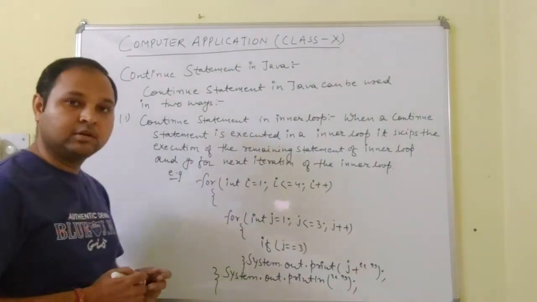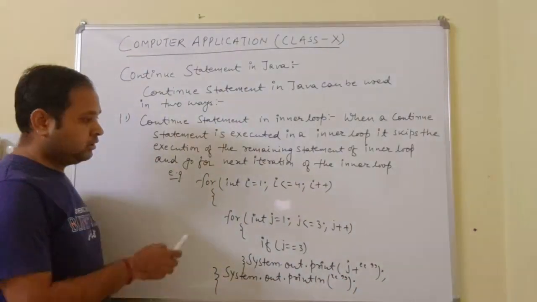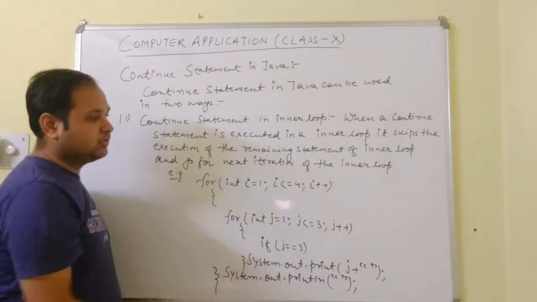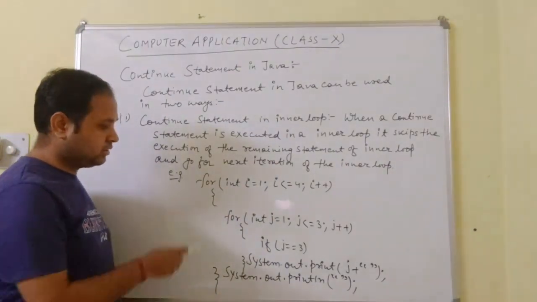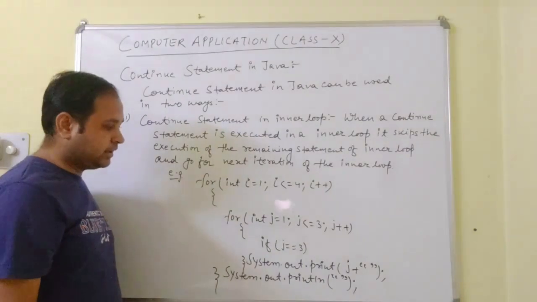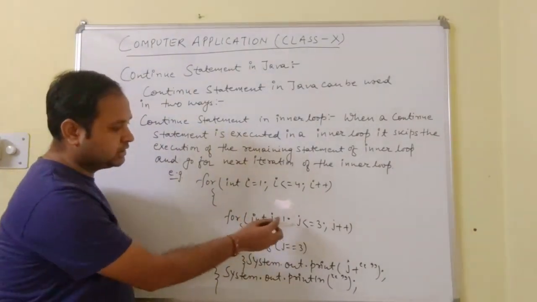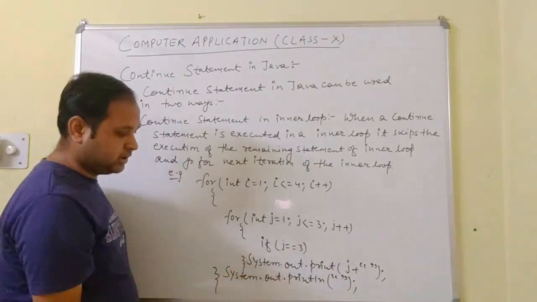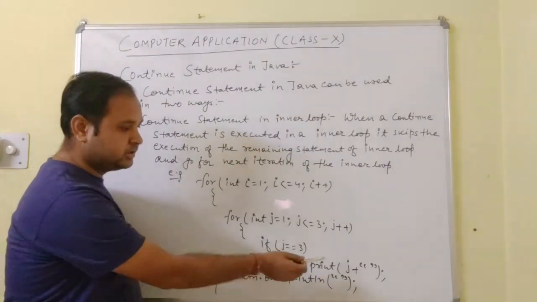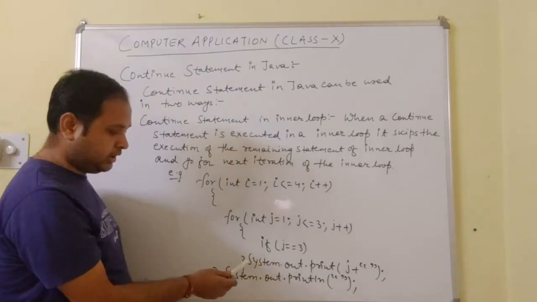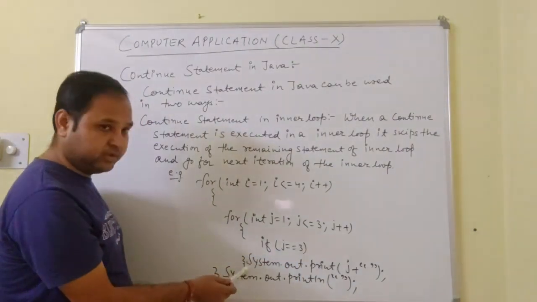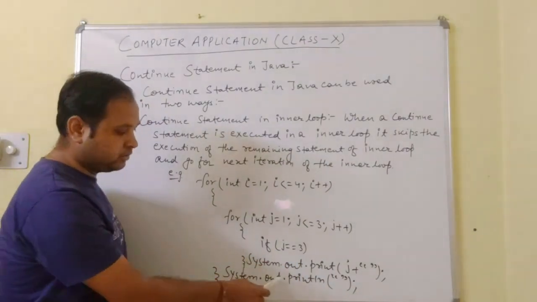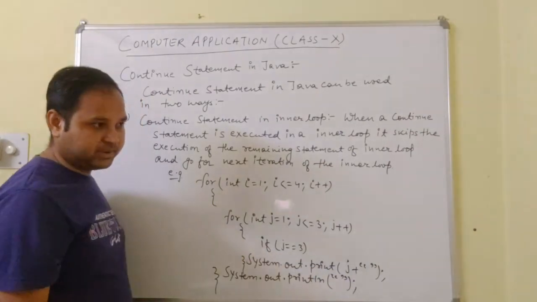So here I have taken i equals 1, i less than or equal to 4, i plus plus, then open a curly bracket, for int j equals 1, j less than or equal to 3, j plus plus. If j equals 3, System.out.print j, and after closing the bracket of the inner loop, I write System.out.println with the blank message.